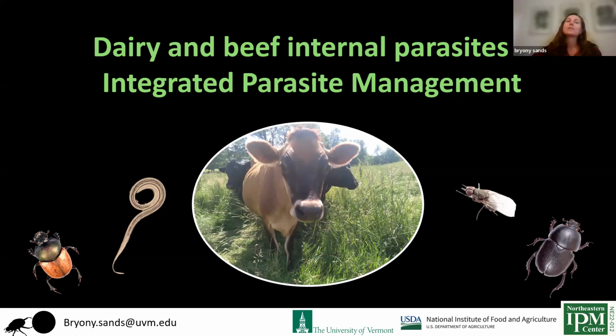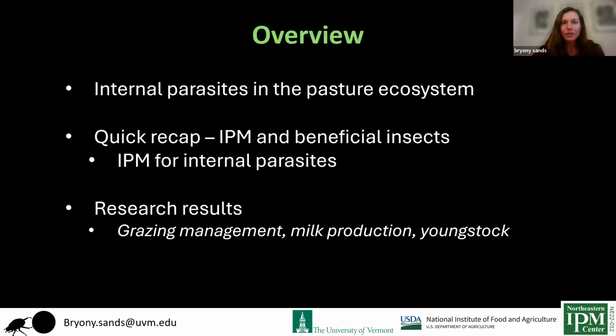So today I'm going to focus on internal parasites. If you're interested in external parasites, lice, ticks, flies, etc., you can watch last week's webinar on YouTube, I think. This is just a quick overview. I will go over the main internal parasites that we find for cattle in the pasture ecosystem.